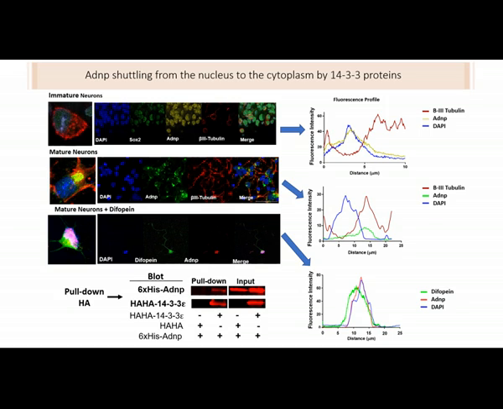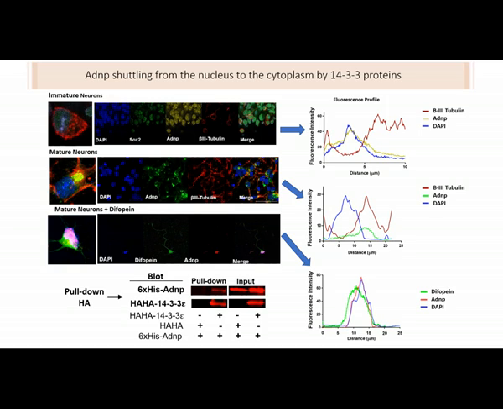In immature neurons, in neurospheres created from mouse cortical neural progenitor cells, Admp is predominantly localized inside the nucleus. In mature cortical neurons, Admp is localized in the cytoplasm and perinuclear region. In mature neurons, we transfected the plasmid coding difopein, a peptide 14-3-3 inhibitor, and analyzed the Admp distribution.